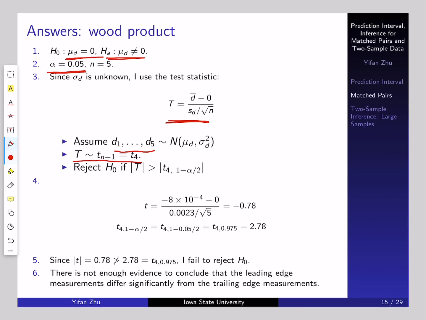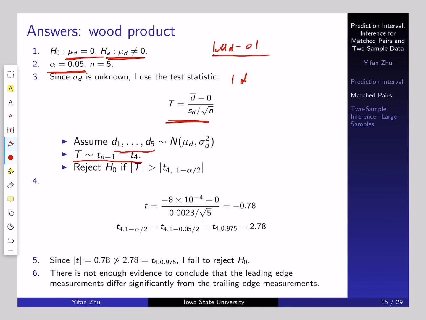Since the alternative is mu d is not equal to 0, we can measure how large the difference is from 0 using the absolute value of d bar minus 0.